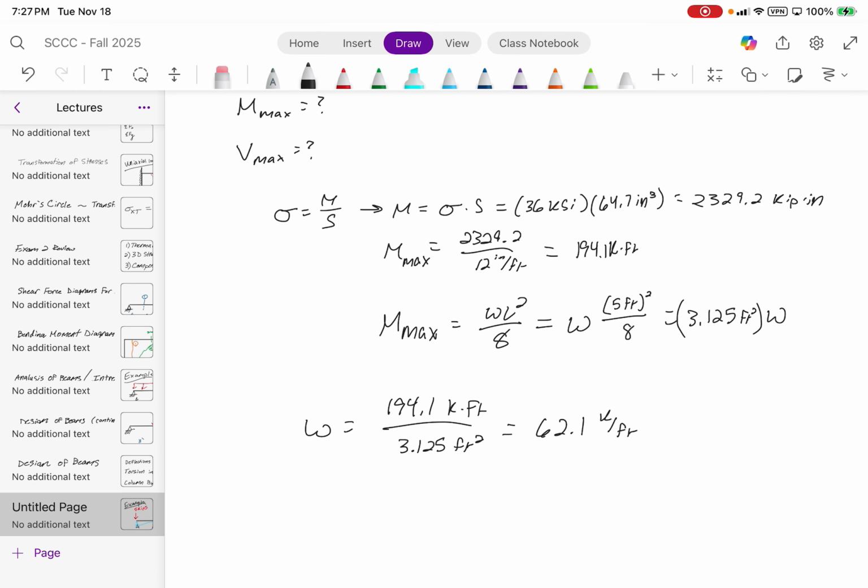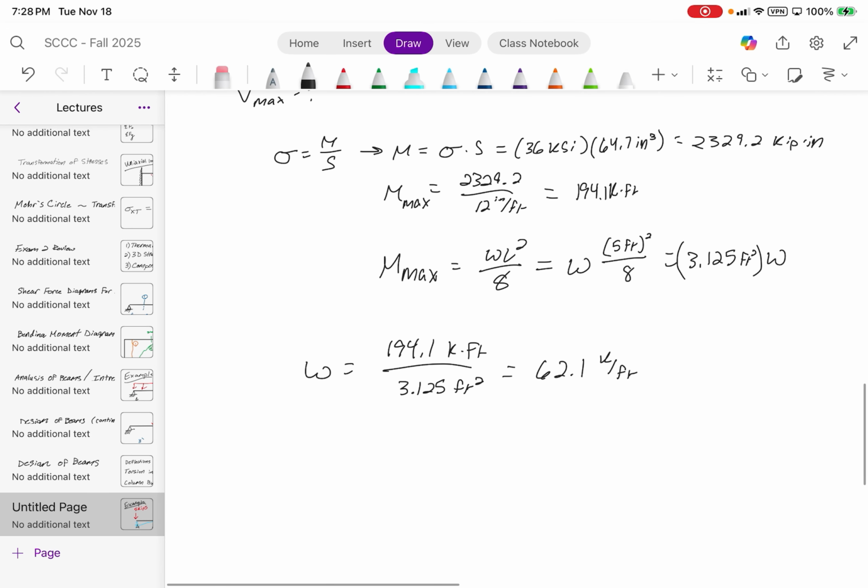Yeah? 62.2. That seems very large, but I guess it's a very short span. So let me just double check. 36 times 64.7 divided by 12, divided by 5 squared over 8. Yeah, 62.112 kips per foot. So roughly 62,000 pounds per foot.